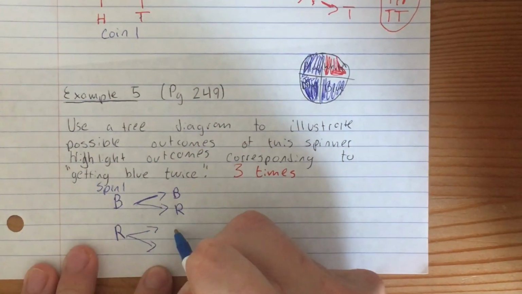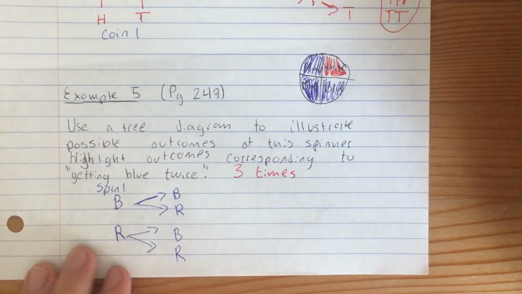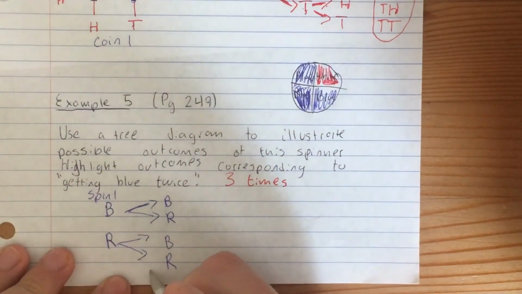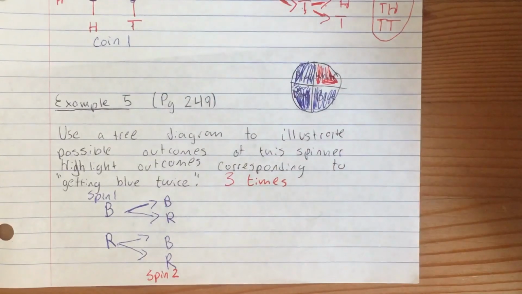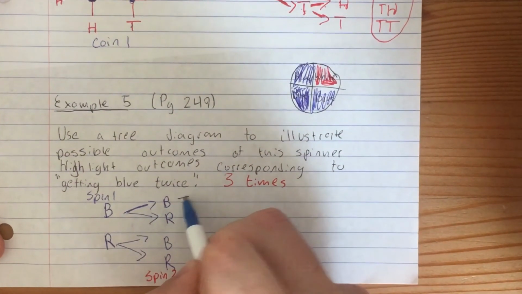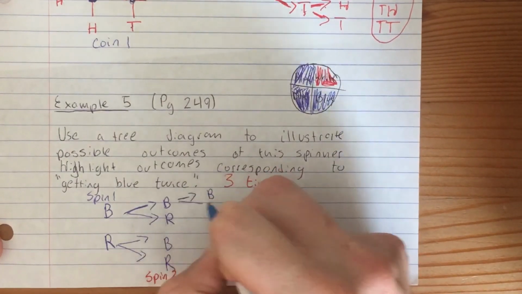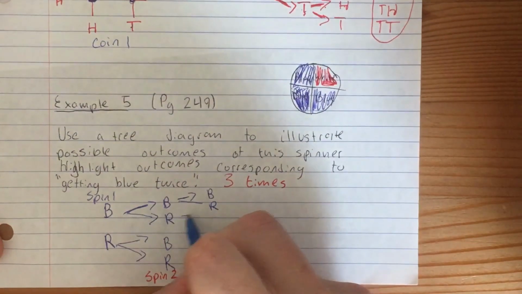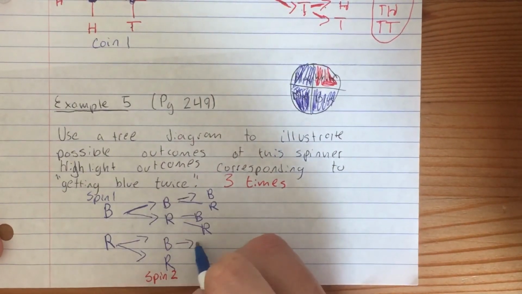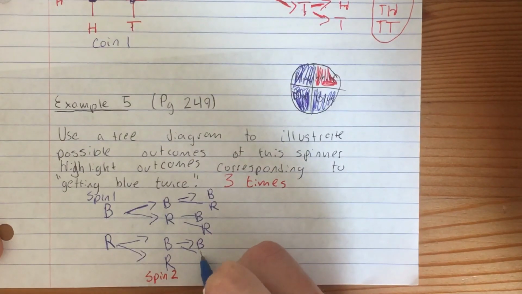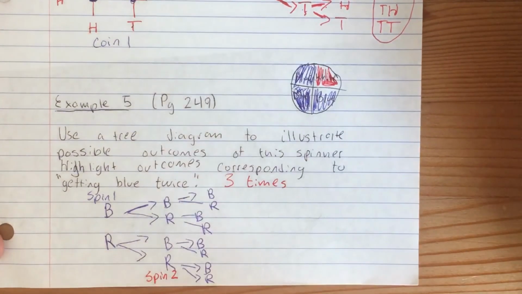From there, you could also, on spin 2, still get a blue or a red. And then lastly here, on spin 3, from this blue, we could go blue or we could go red. From this red, we could go blue or red. We could go blue or red. We could go blue or red.